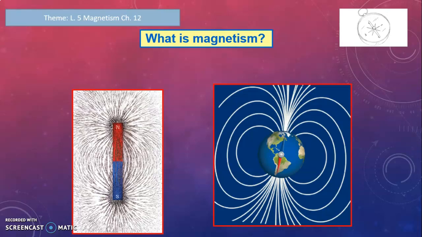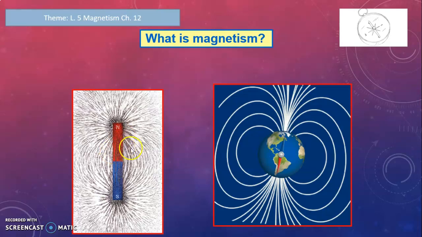So how does a compass point north? Do you know? The needle, this is the needle. The needle inside a compass is a magnet, like this.